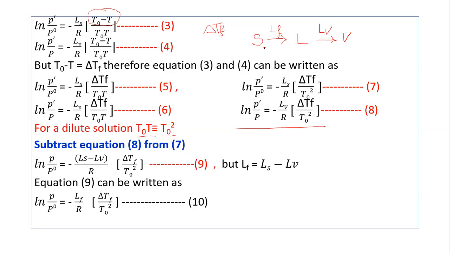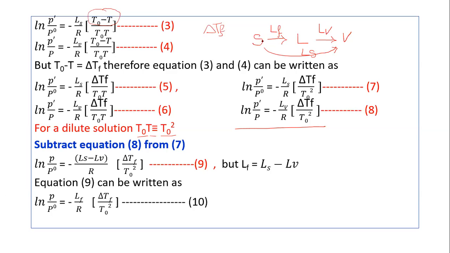And when the solid is directly converted to the vapor, then it is called latent heat of sublimation. That process is called the sublimation process. Whatever energy is released during the process is called the latent heat of sublimation.